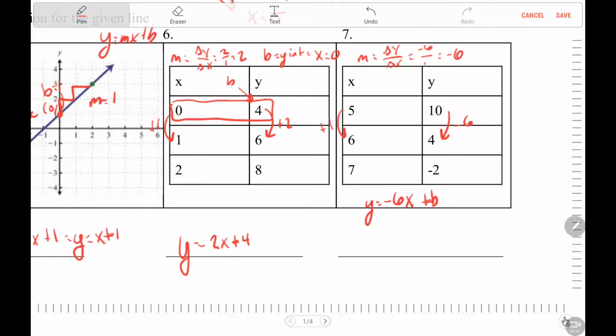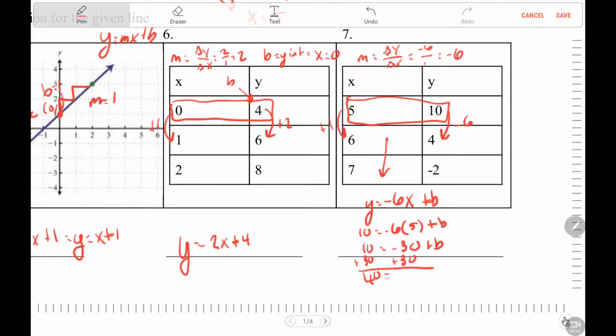One thing you can do is take a y and an x value from your table. So say I did these and then just plug them in. So let's say y is 10, negative 6, say x is 5, plus b, and then you can solve for b. So 10 equals negative 30 plus b. So then add the 30 to the other side.